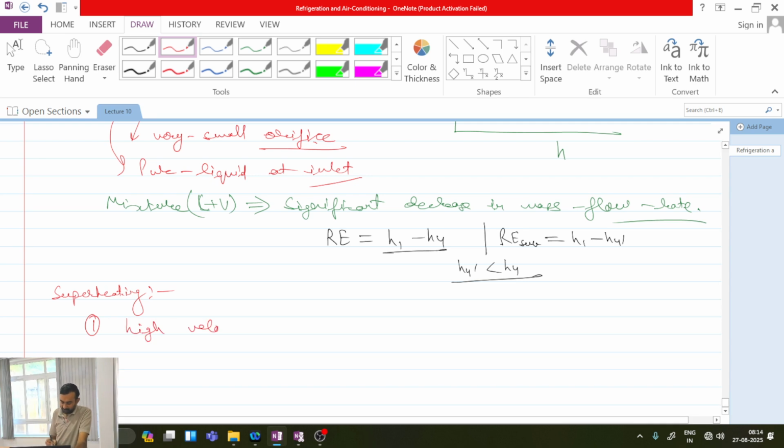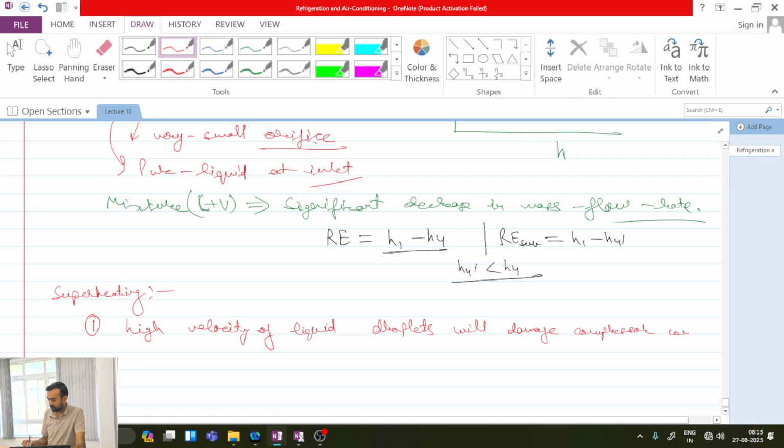So high velocity liquid droplets will damage compressor components. Okay.